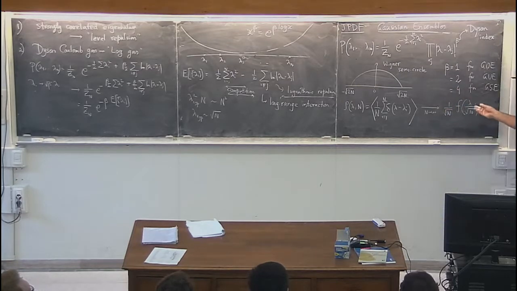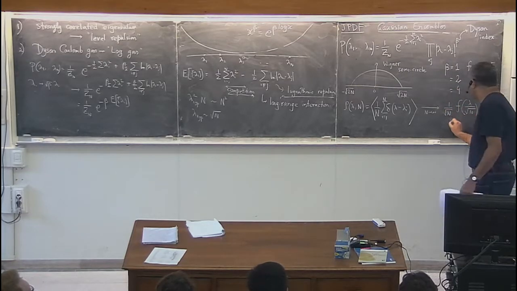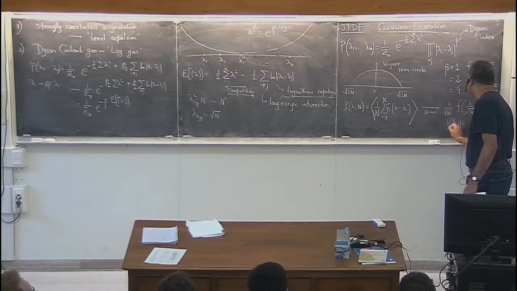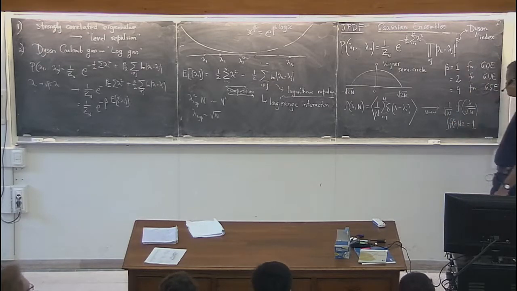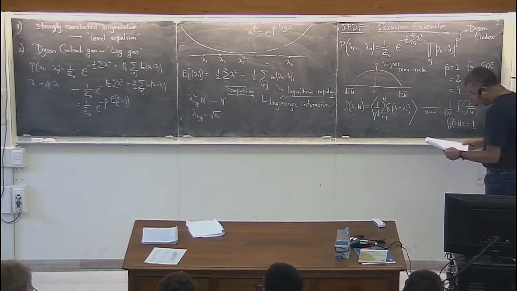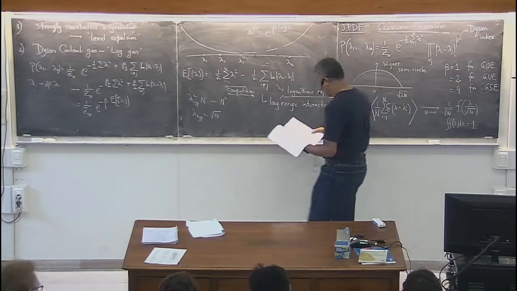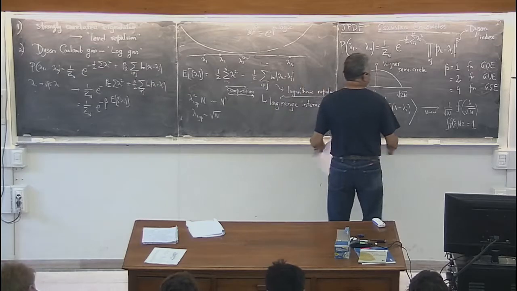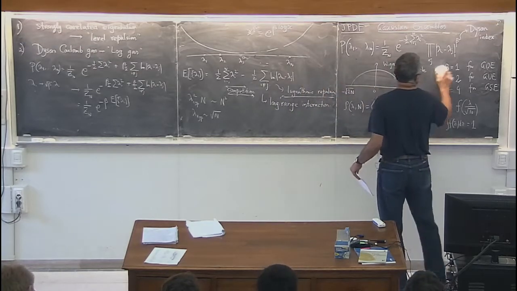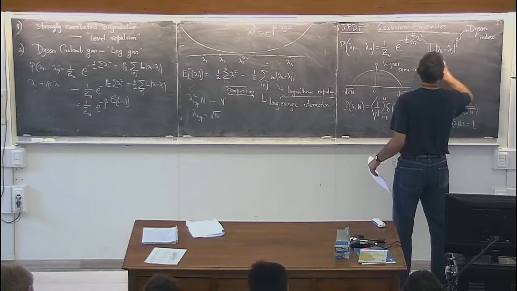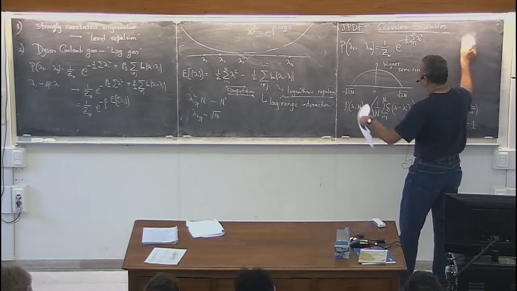And in fact, we'll see later that for this function f of z, you have to rescale beta also, but I'll do that later. Just mentioning this result, it becomes 1 over pi times square root of 2 minus z square.